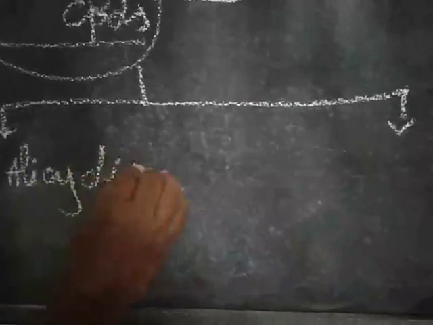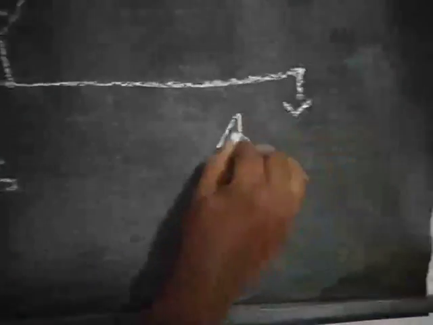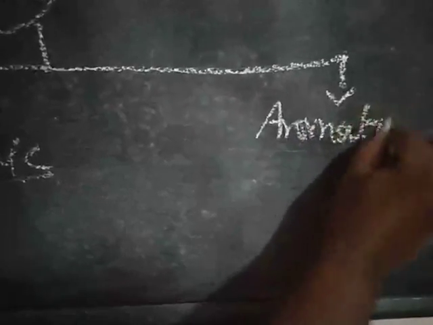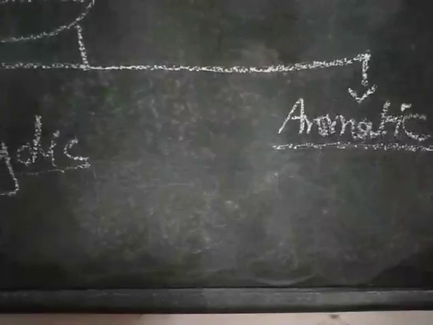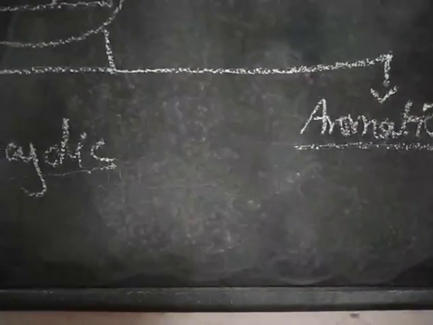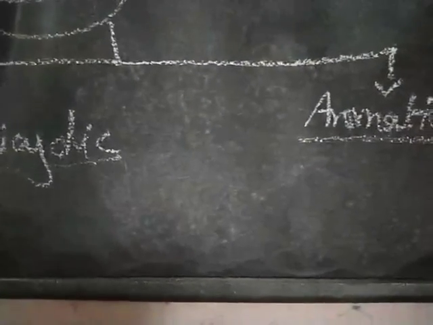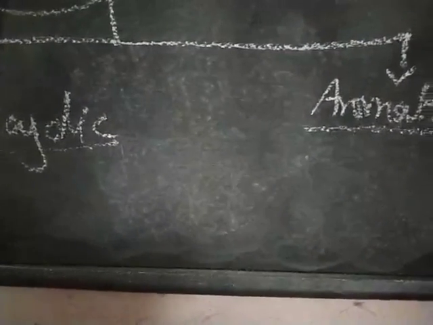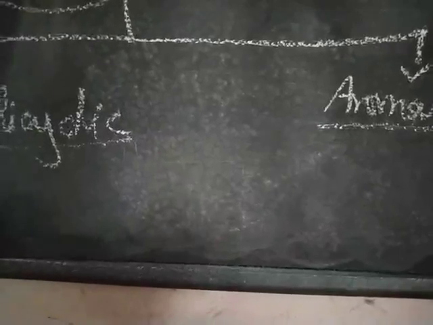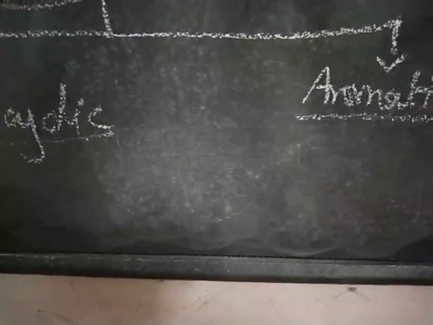Again this carboxylic compound can be classified into two types: one is alicyclic, another one is aromatic. So what is meant by alicyclic? Carboxylic compounds are further divided into two types: alicyclic compound and aromatic compound. The alicyclic compounds contain one or more carboxylic rings, which may be saturated or unsaturated.